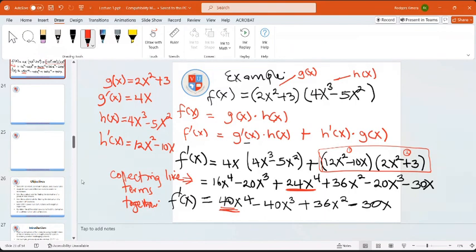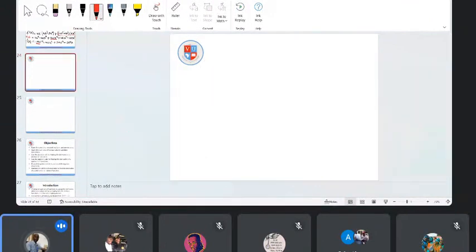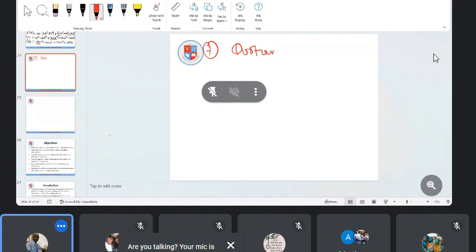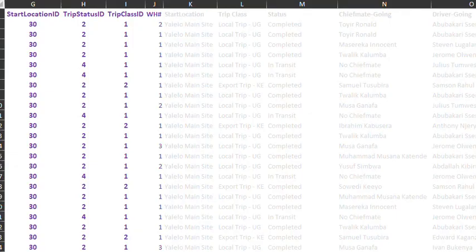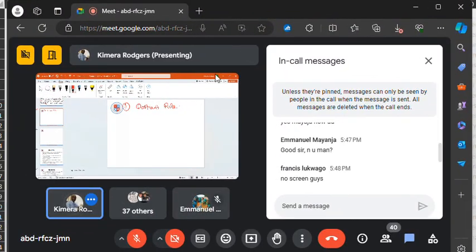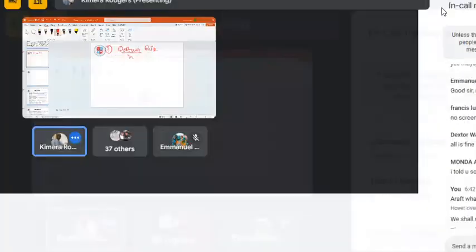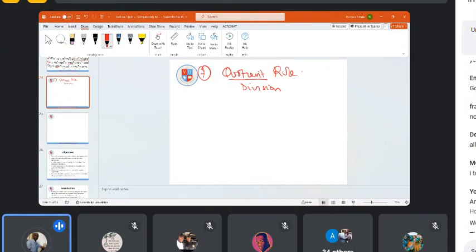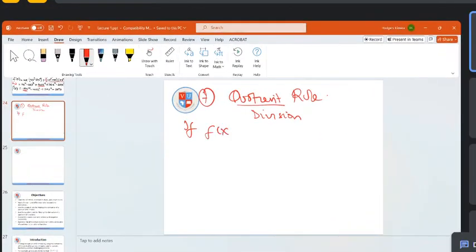Okay, now let me do this one. Numbers given, quotient rule. Open your eyes a little wide. Quotient means division. If f of x is equivalent to p of x over h of x, you see that?